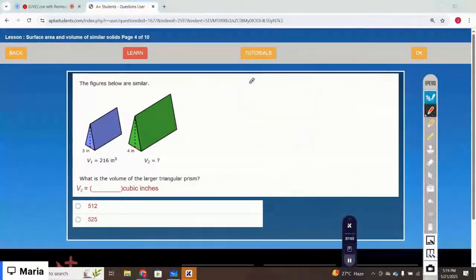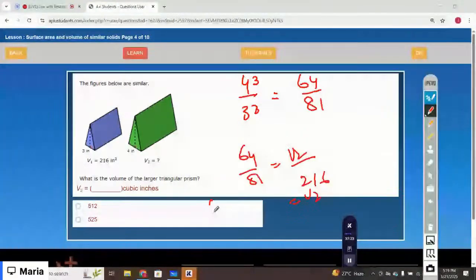So we need to calculate the volume, 4 cubed divided by 3 cubed. That is 64 divided by 81.